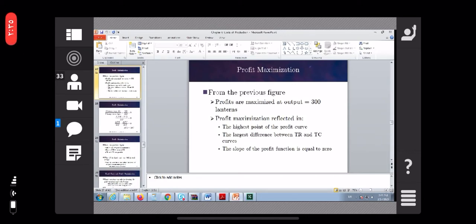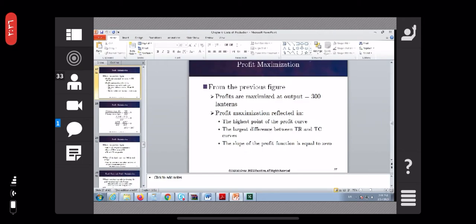As you saw in the figure, profit maximization is reflected in the highest point of the profit curve. The largest difference between TR and TC, as I showed you in the graph, and the slope of the profit function is equal to 0. These are the conditions for profit maximization.